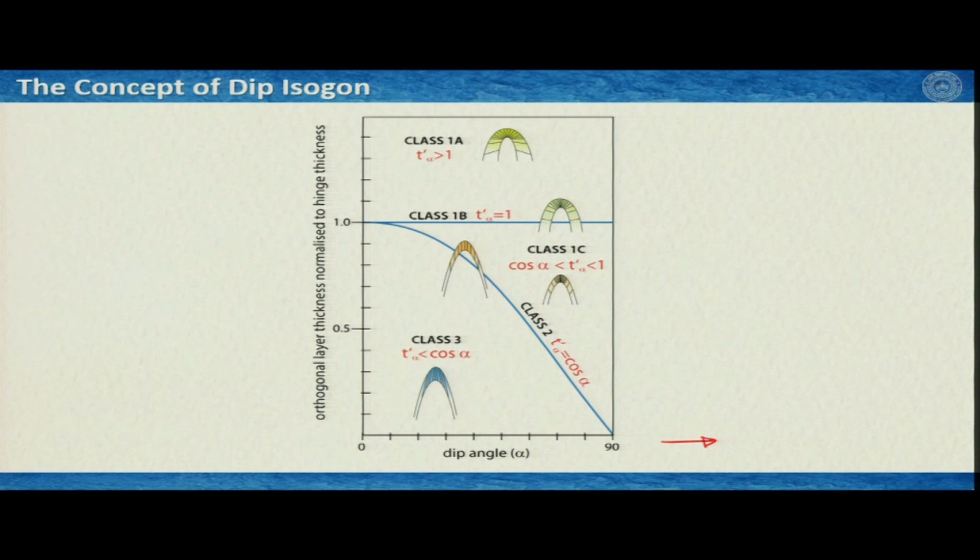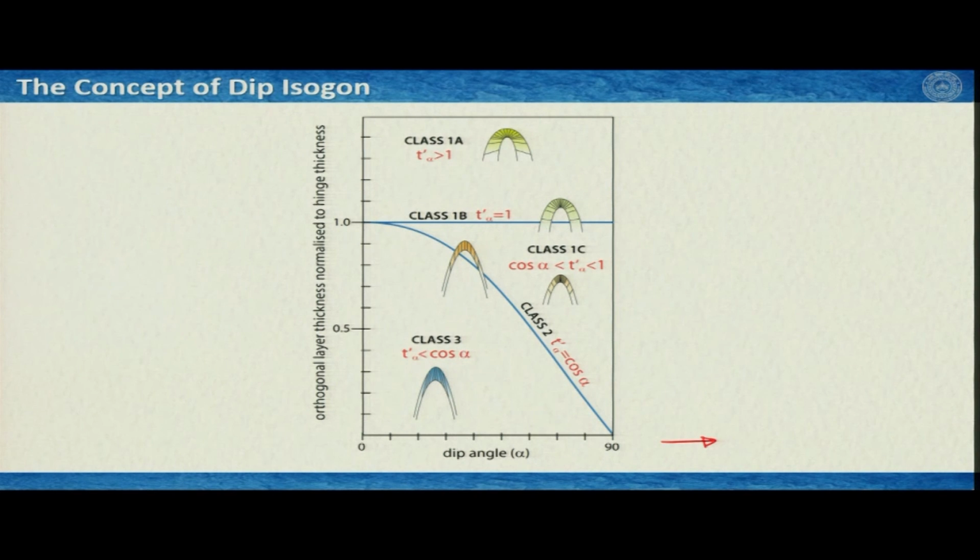Now, then there is another curved line where t prime alpha is equal to cos alpha, which is this line, and the fold would look like something here is drawn. So, between t prime alpha equal to 1 and t prime alpha equal to cos alpha, we have another class which we call class 1C, where t prime alpha is greater than cos alpha and less than 1.